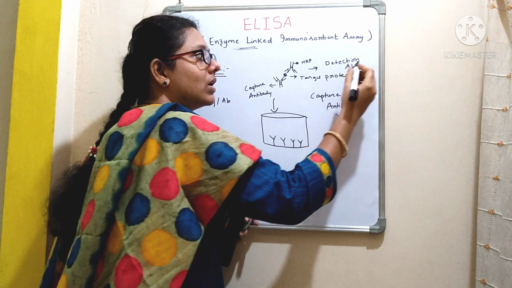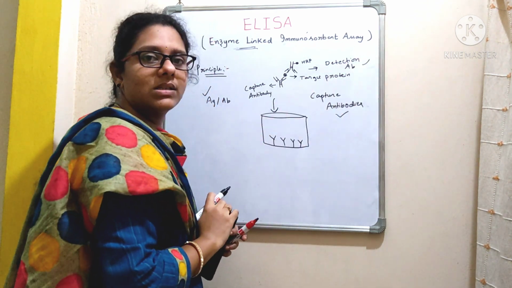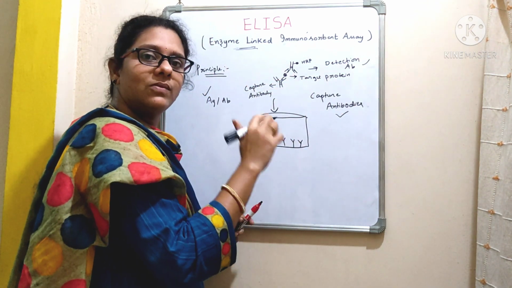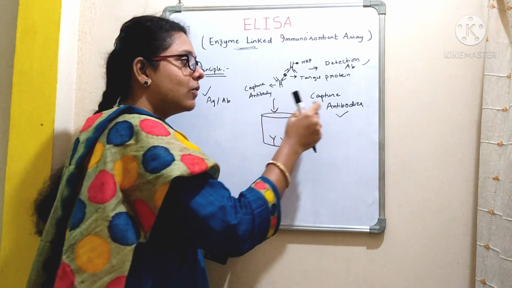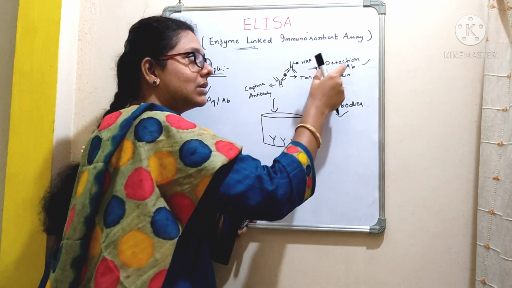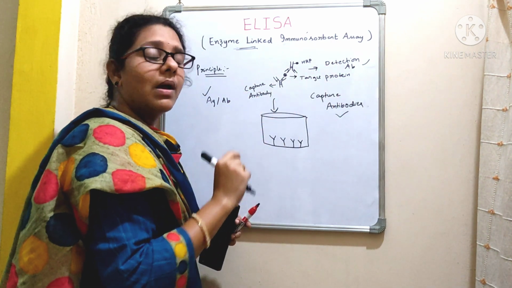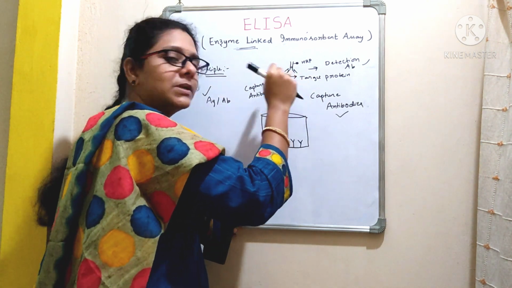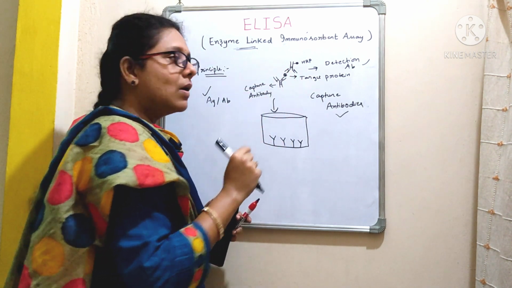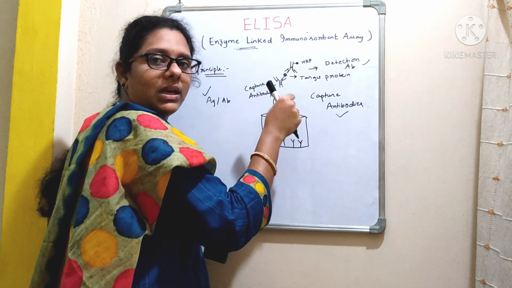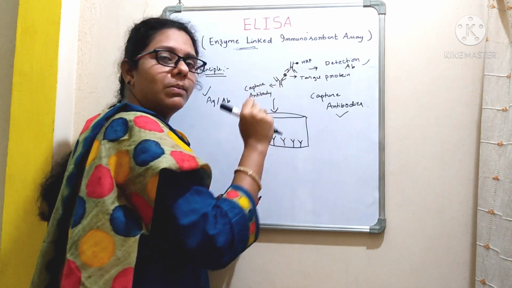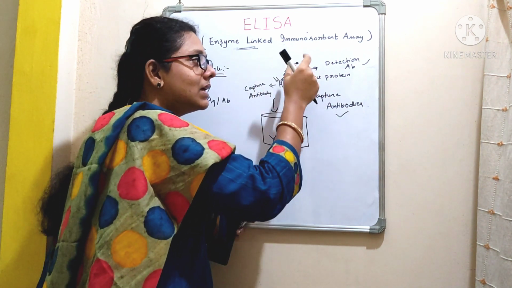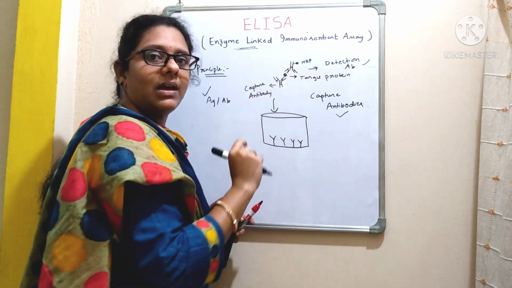Those antibodies we call detection antibodies. So in this reaction we are using two antibodies. One is the capture antibody and the other is the detection antibody. But both these antibodies will be specific for the antigen. One of the antibodies, without the enzyme, is used to immobilize the target protein, and the other antibody is conjugated with the enzyme.